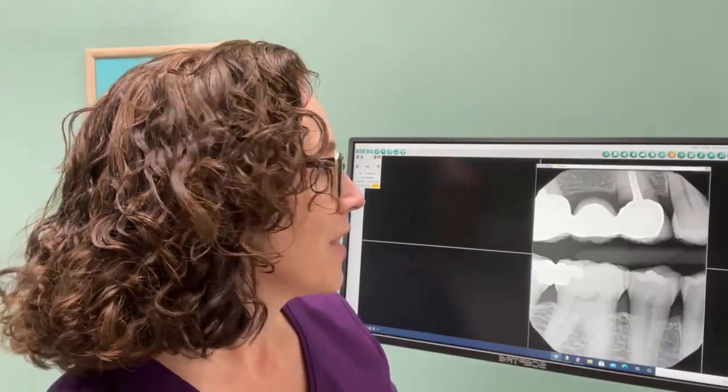Another way that we can see it is if the decay gets up underneath a crown. Sometimes if you have a crown on your tooth, it's up at the gum line, and so the tooth can still get decay up underneath there, but it can be really hard to see that or even sometimes to feel that, depending upon where the edge of the crown is.